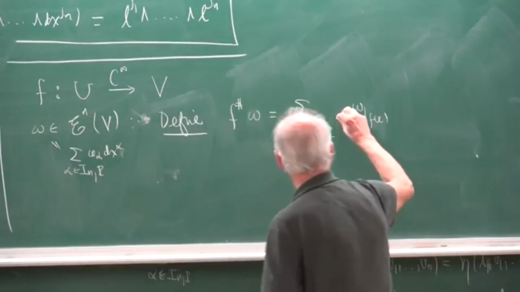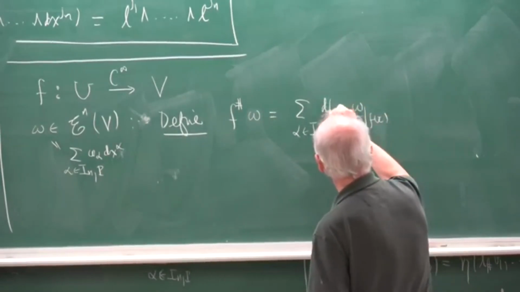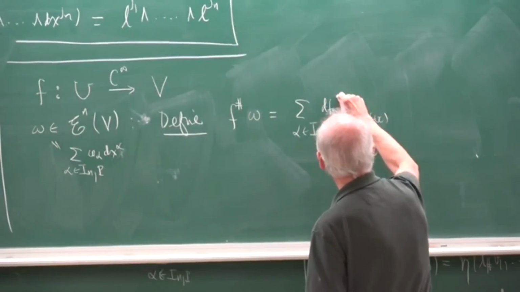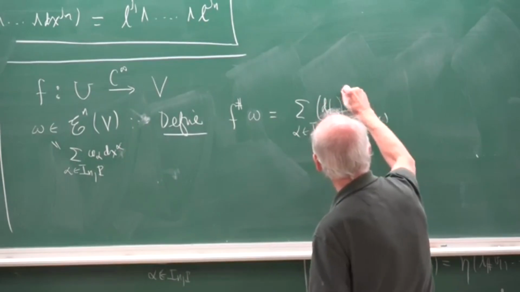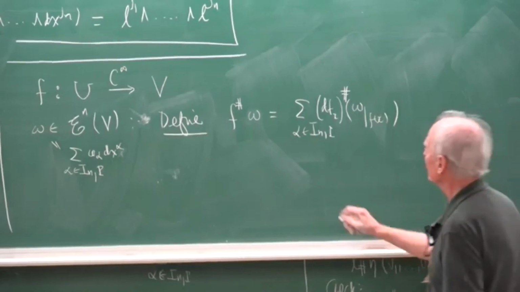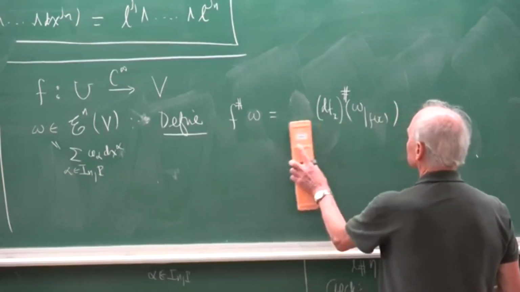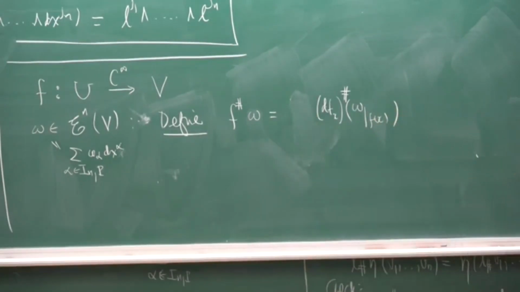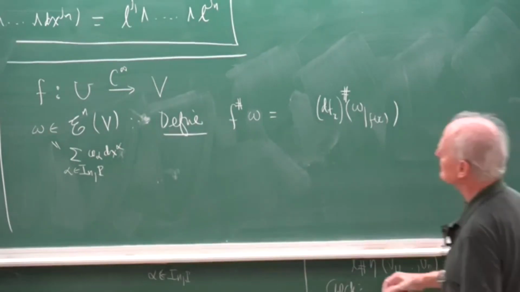So I'm going to use L equals df_x, sharp of omega, like so. Now, that's the intrinsic definition without even writing it out. That's what the definition is. Now we've got to check that it really works out.